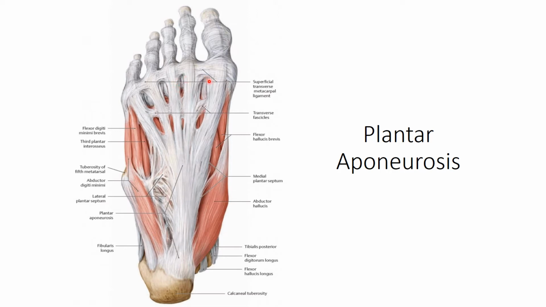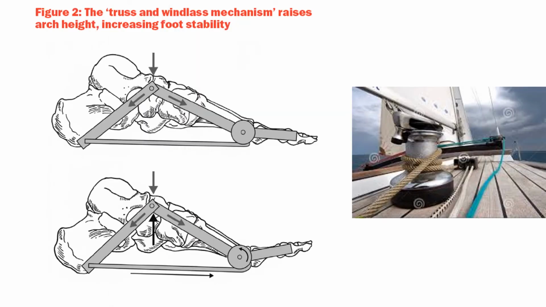So these medial three slips contribute to the stability of the medial longitudinal arch, and when they are taut, when they are shortened by dorsiflexion of the toe, this arch is heightened. This is evident by the truss and windlass mechanism, which is used in the case of a sailboat.